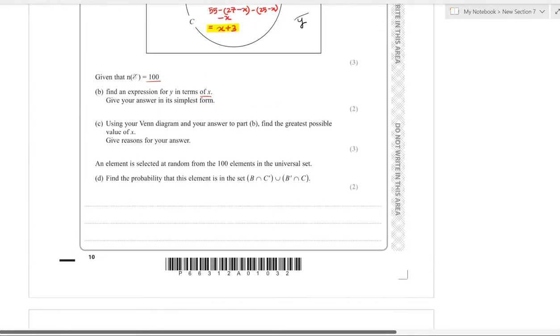Using your Venn diagram and your answer to part B, find the greatest possible value of x. Give reasons for your answer.